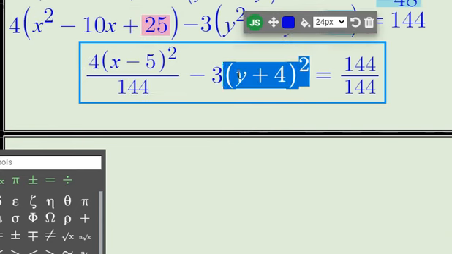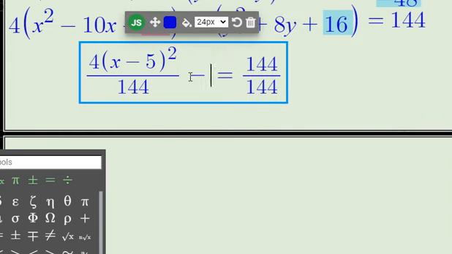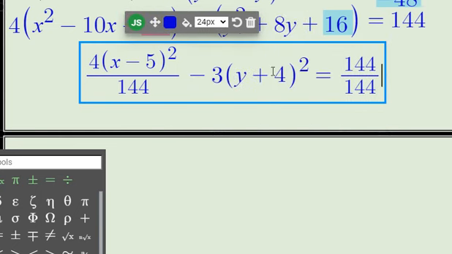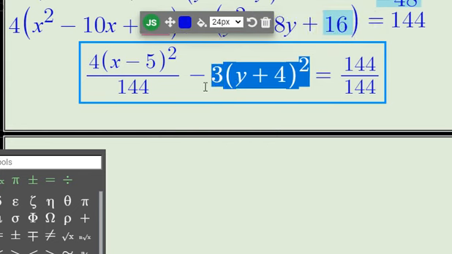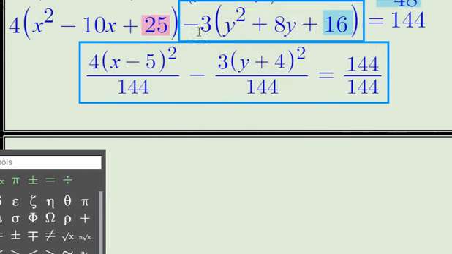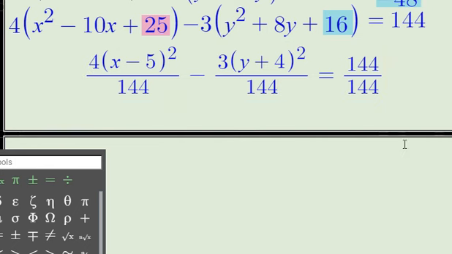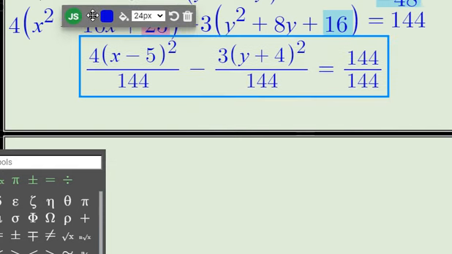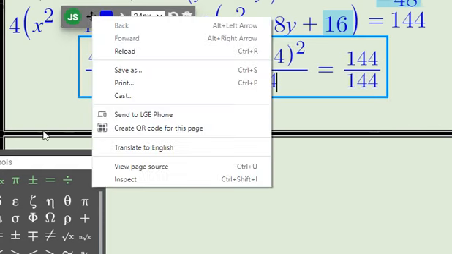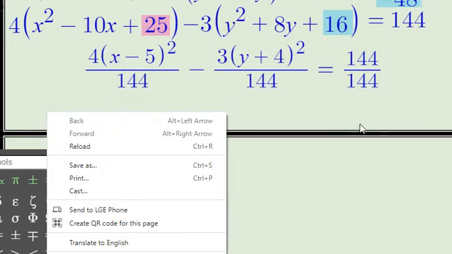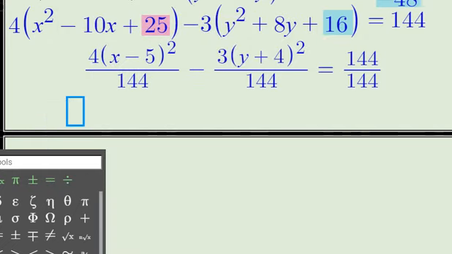I'm going to take this term, divide by 144 as well. Now I can simplify my equation.